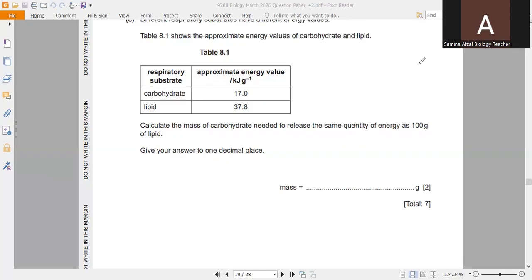First of all, we have to calculate the total energy from 100 gram of lipid.